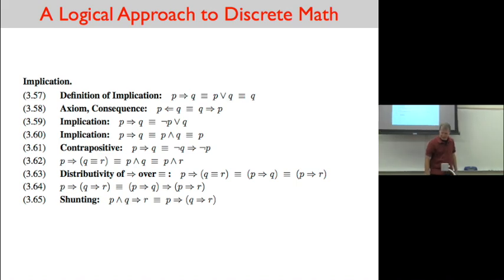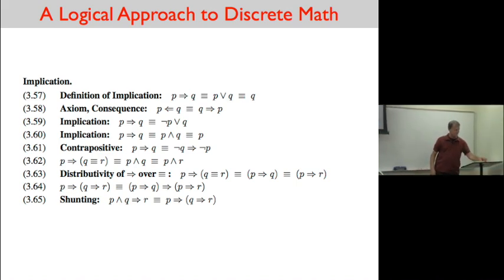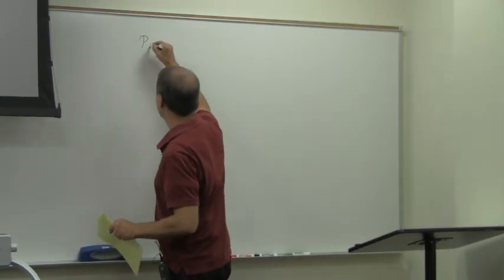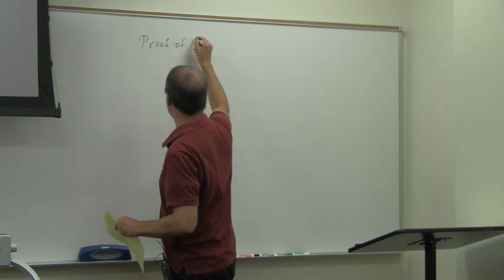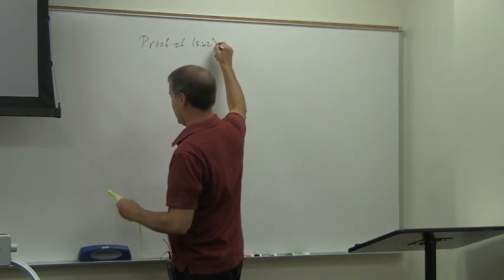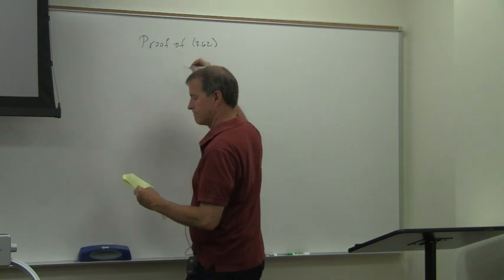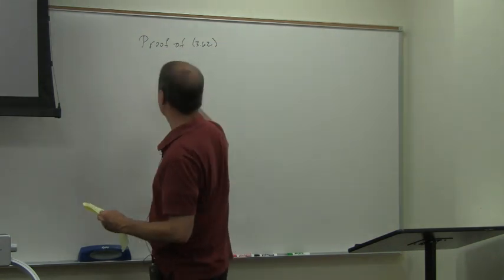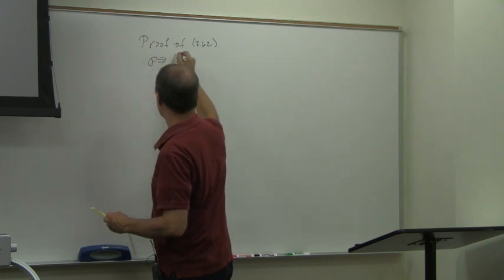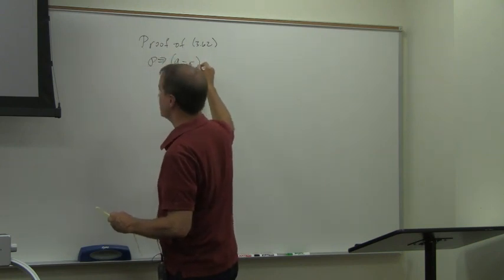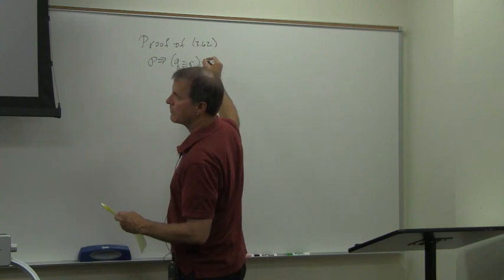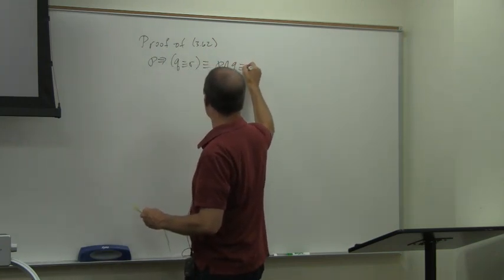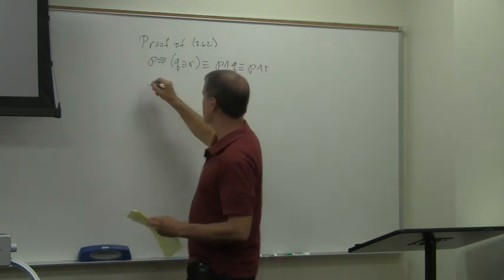Here, let's do 3.62. 3.62 is P implies Q equivales R equivales P and Q equals P and R. So here's the proof.